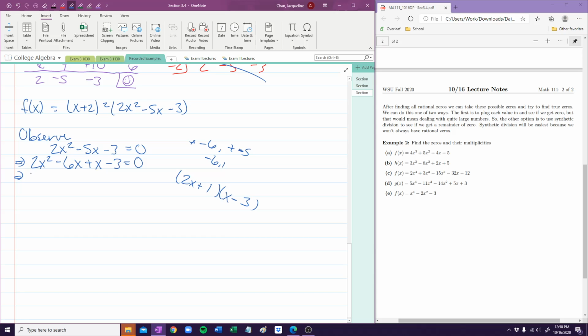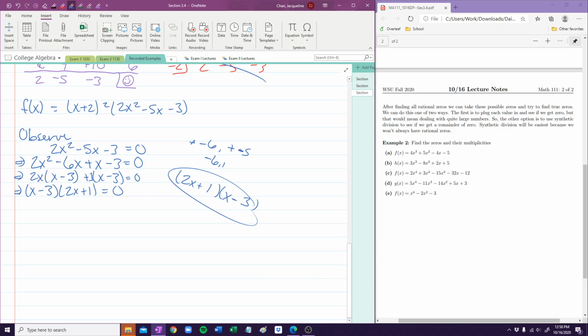And I'm going to do factor by grouping. So I have 2x, and this is left with x minus 3. Over here I just have x minus 3. This is great because we have a common binomial, so this is just x minus 3. When I factor that out, I'm left with 2x plus 1. Remember, there's an invisible 1 right here. And as you can see, you get this.